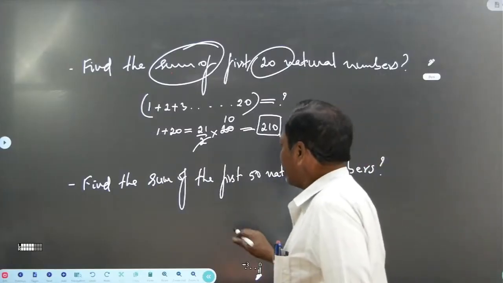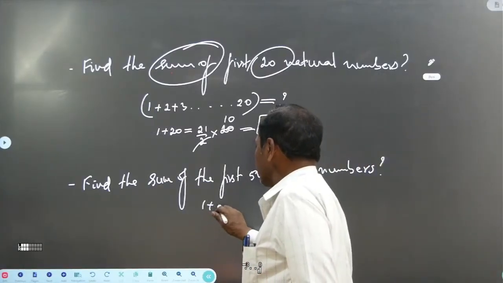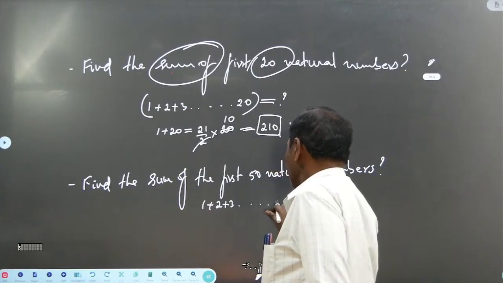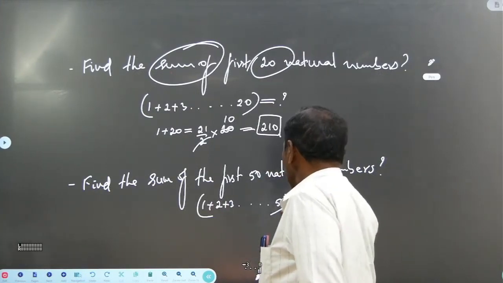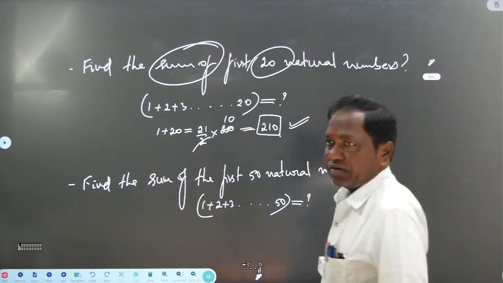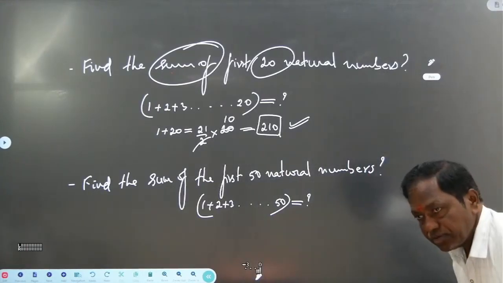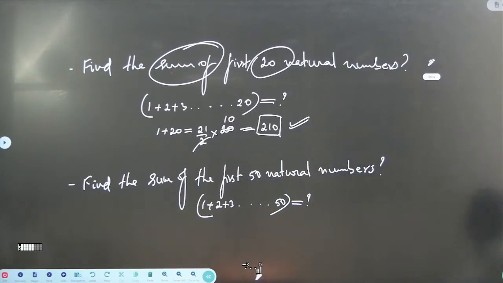Let us try to download the information from the question. Right. That's it. Information has been downloaded from the question by writing the required equation.